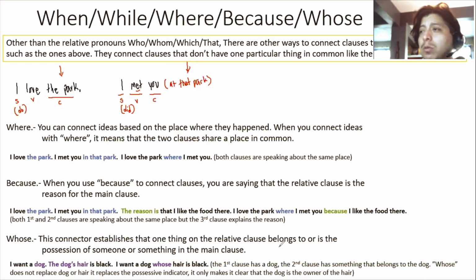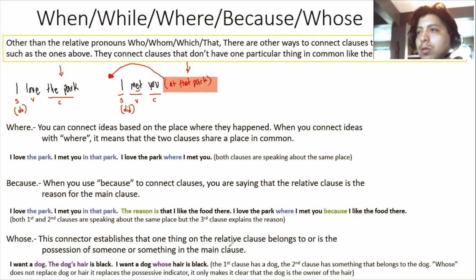So what do we do? If we want to connect them, instead of having two different sentences, I get rid of the period, and then I need to use this marker, this at the park marker, and I need to change it and use it as a connector at the beginning of the second clause, the relative clause, yes?